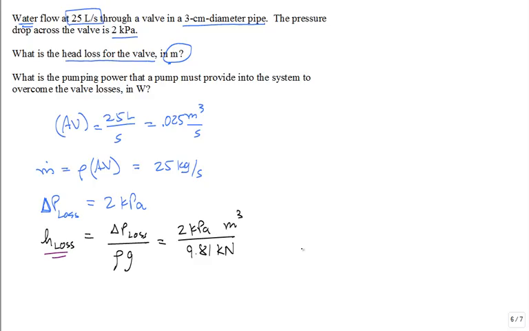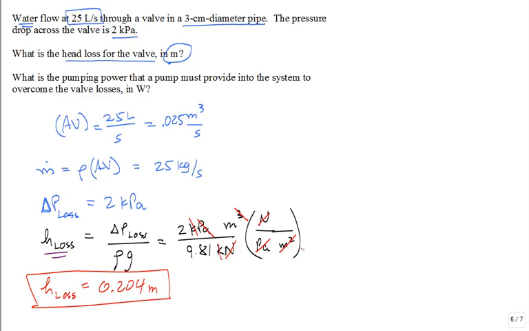The Pascal is a Newton per meter squared. We've done this before, and we see that the kilos go, the newtons go, the pascals go, and everything but one of the meters go. So it's 2 divided by 9.81. Looks like the head loss is a whopping 0.204 meters. True?